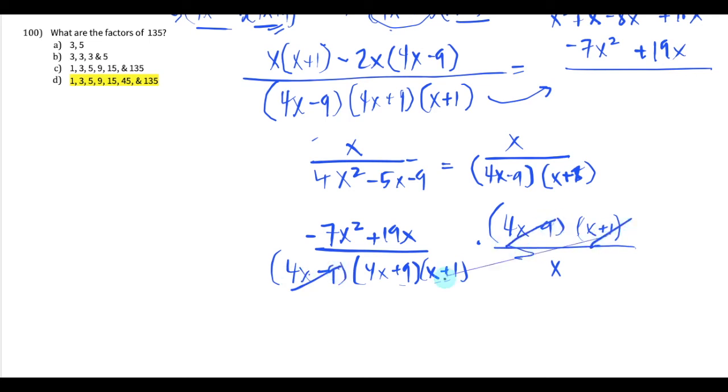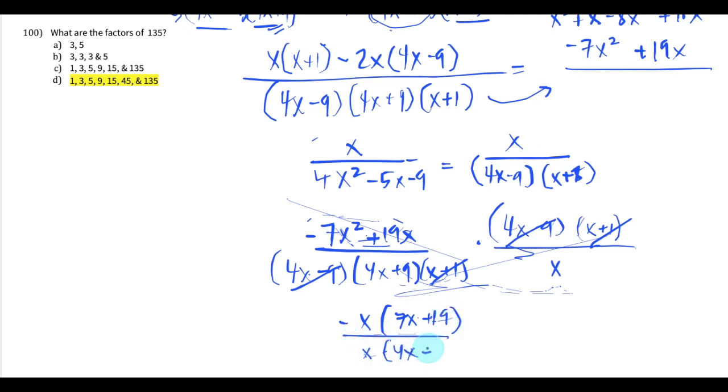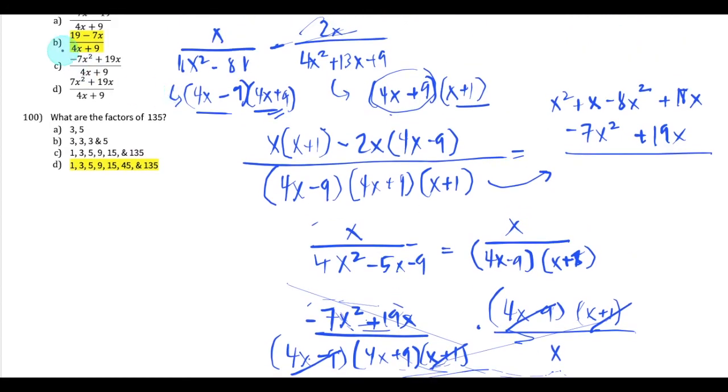Okay, itong x plus 1. May iwan tayo with this and this one. So, if mapapansin nyo ito, pwede pa natin ilabas yung x dyan. We will have negative x times 7x plus 19 over x times 4x plus 9. So, cancel natin yan. Ang may iwan sa atin ito. Or 19 minus 7x over 4x plus 9, which is letter B.